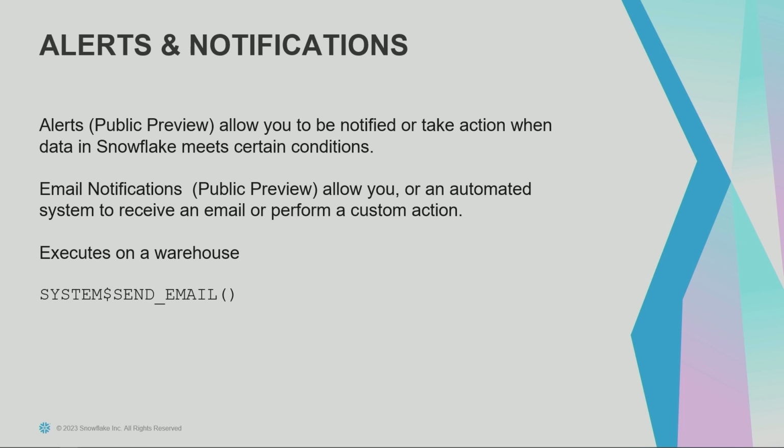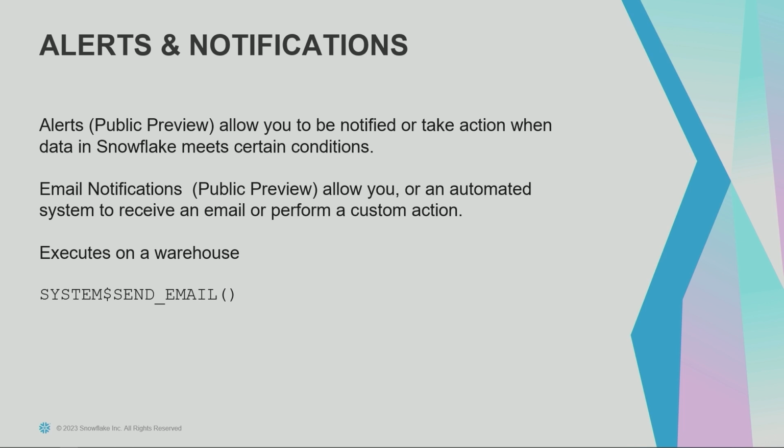So all those tables I talked about later, all those query performance things and task errors and copy errors, all of those, you can write a SQL statement and define how many of those errors are going to cause a threshold where you think it's a concern, and you can choose to alert based on that. So alerts look very, very similar to our tasks in Snowflake. The difference is it automatically executes SQL, and when it finds records, it automatically does some action. And I will show that in the demo of exactly how to use this.